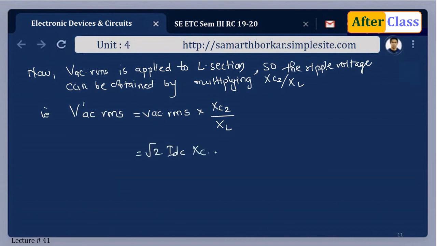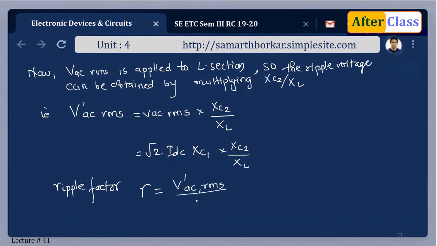Previously we have got this as root 2 IDC into XC1 into XC2 by XL, and the ripple factor R equals V prime AC RMS divided by VDC. So let us substitute the values.